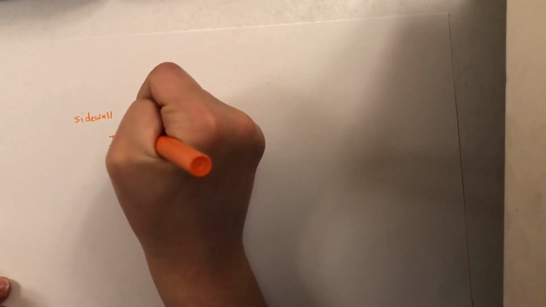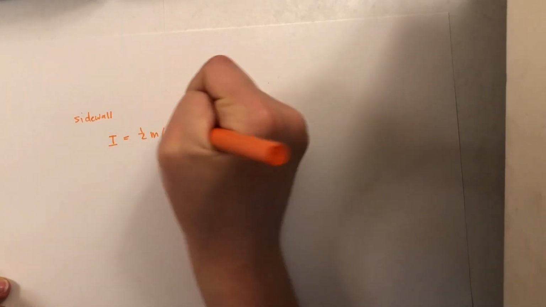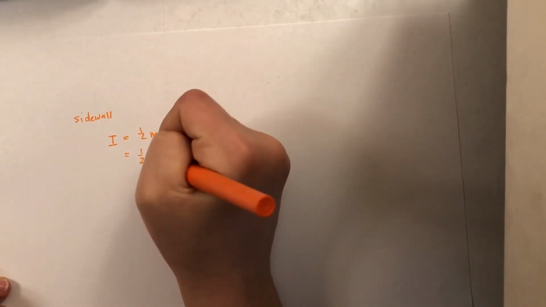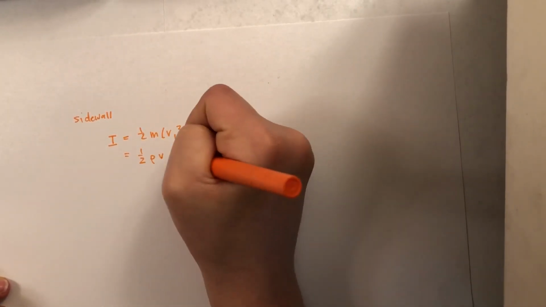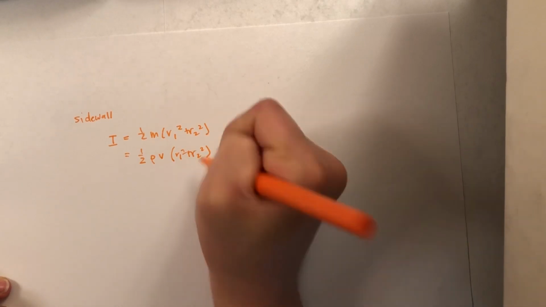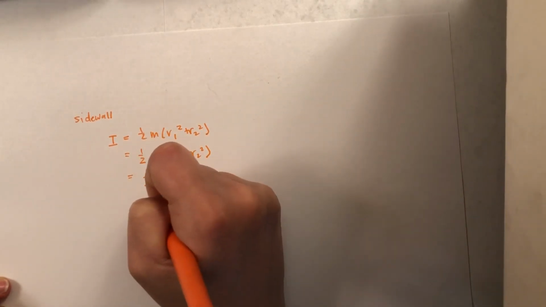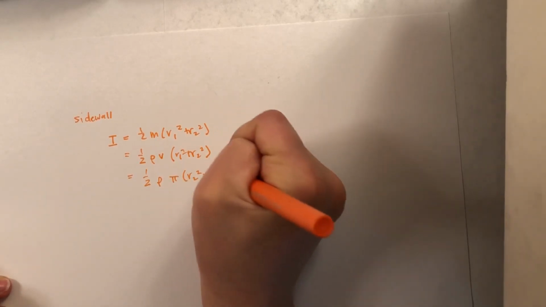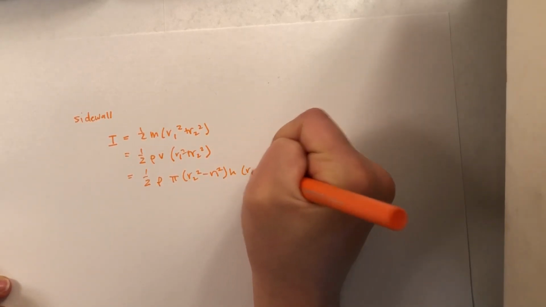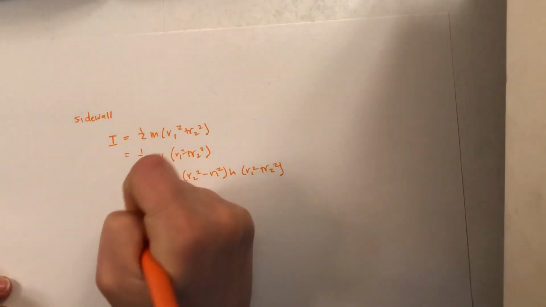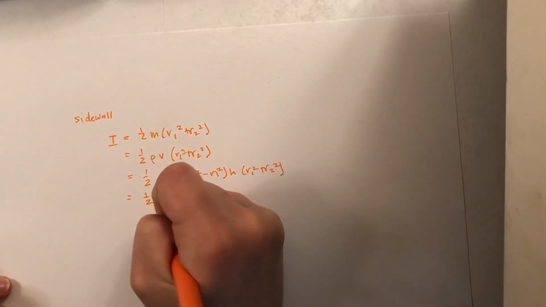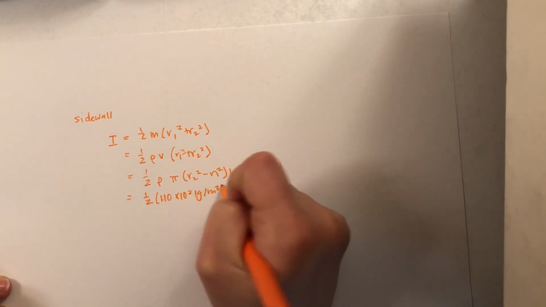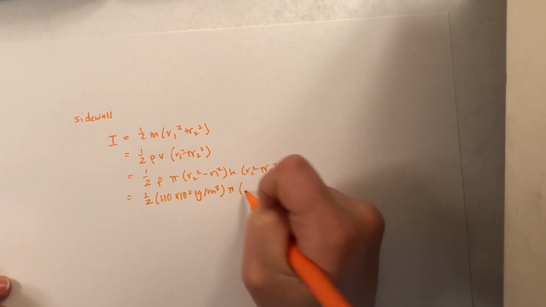So moment of inertia of a hollow cylinder, 1/2 m (r1 squared plus r2 squared). Same thing as before, we don't have the mass, so density times volume. 1/2 density, and the volume is the same, pi (r2 squared minus r1 squared) height, times (r1 squared plus r2 squared). And plug in 1/2, 1.1 times 10 to the third kilograms per meter cubed, pi.